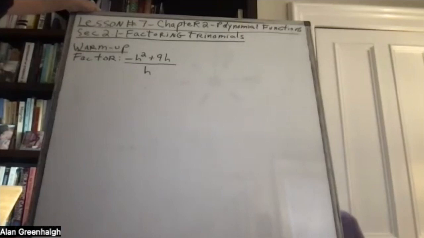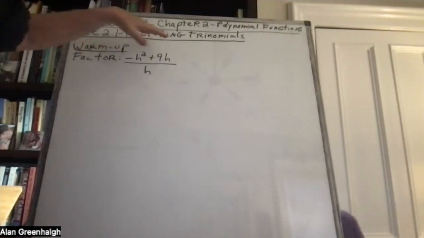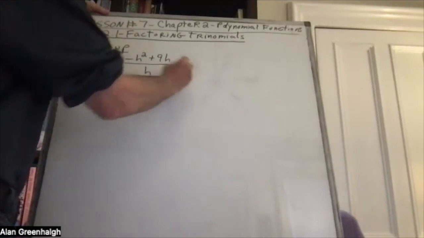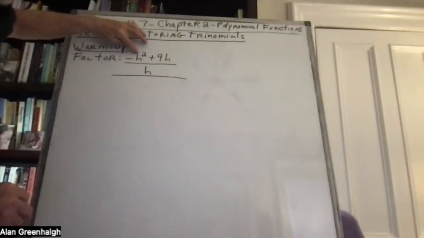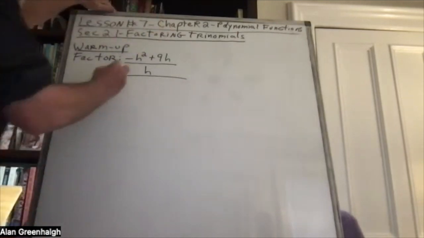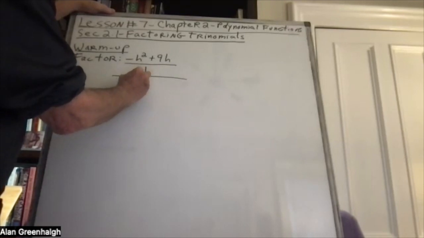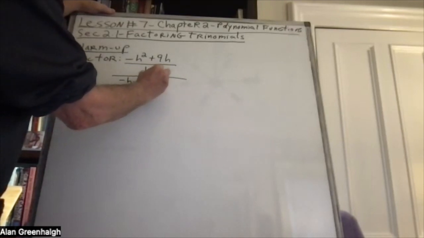And the way I showed you how to do this type of problem, without having gone through this section on factoring, was to take this problem and factor out an h. Because if there's an h here, there's an h here. In fact, let me just do it this way. See, this is what it really says.